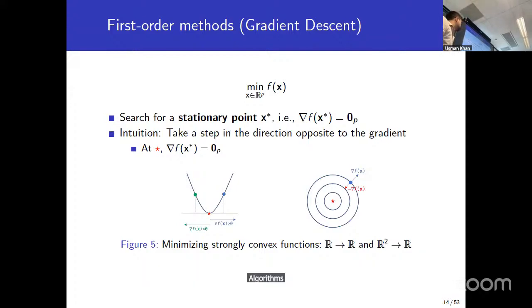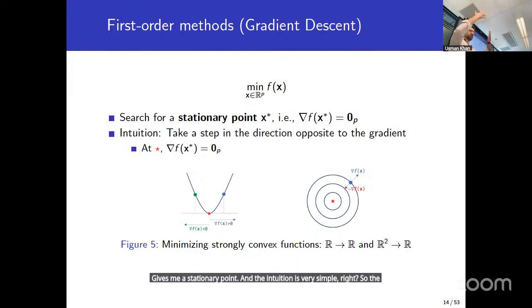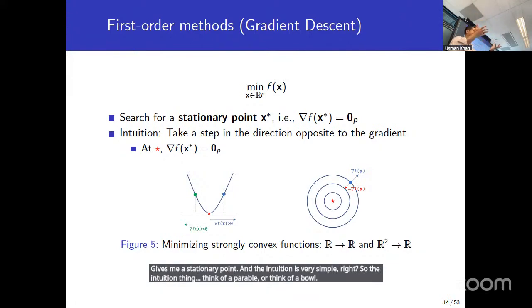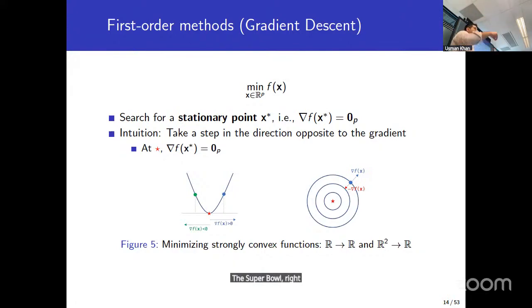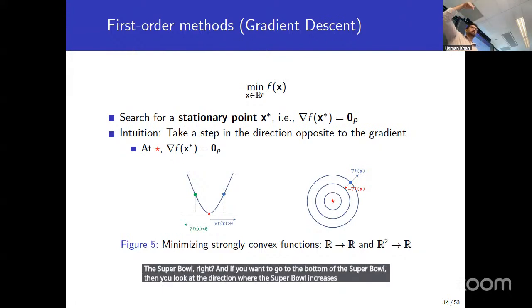So next up, how do we implement an algorithm that gives me a stationary point? The intuition is very simple. Think of a parabola, or think of a soup bowl. If you want to go to the bottom of the soup bowl, you look at the direction where the bowl increases the most, and you take a step away from that increase.